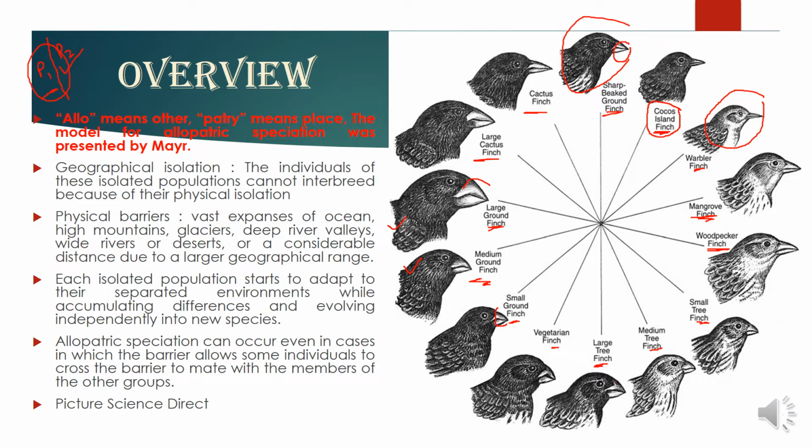Few of the birds interbreed, but most of them are found in one or two islands. Those birds that are present in more than two islands of the Galapagos Islands are generally least concerned species.